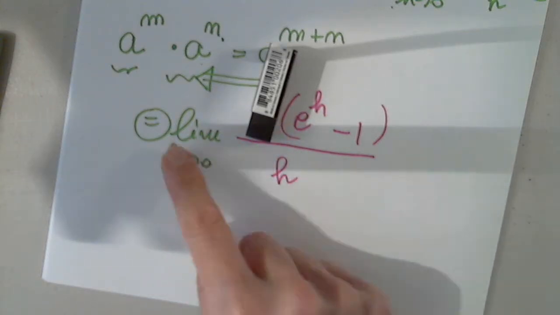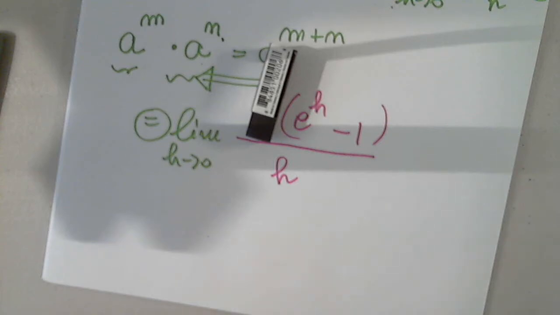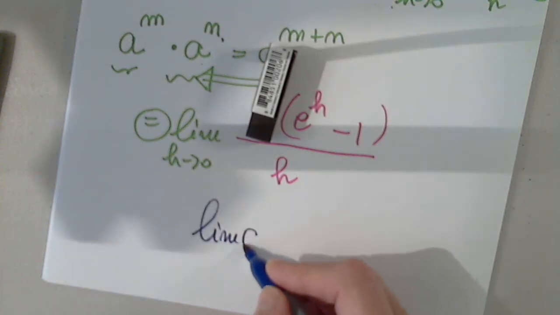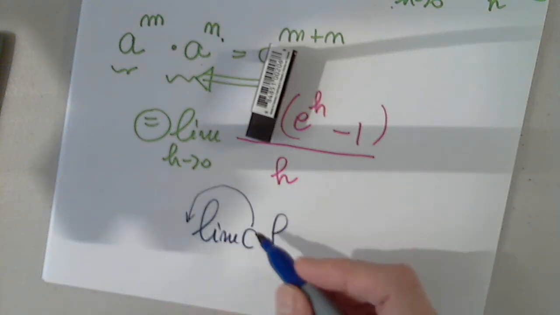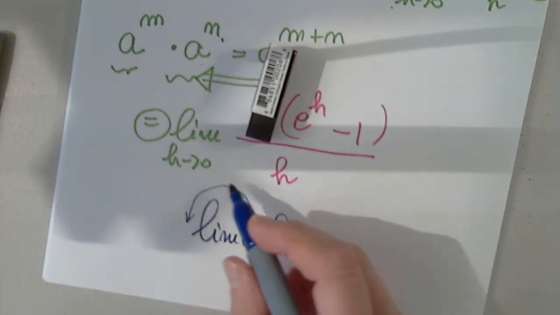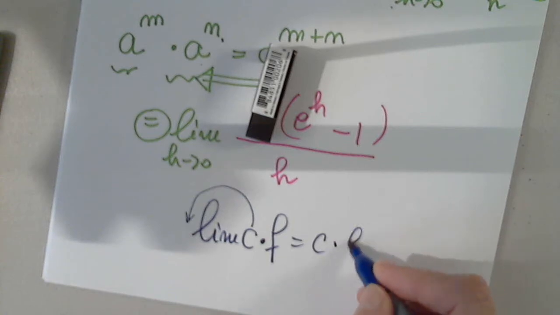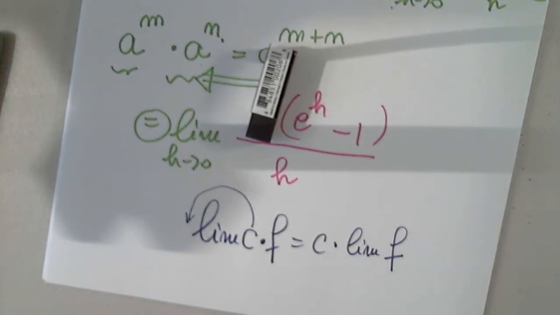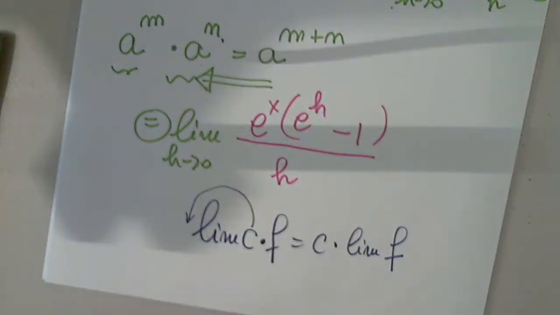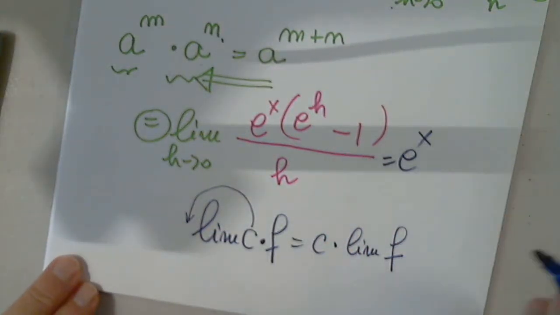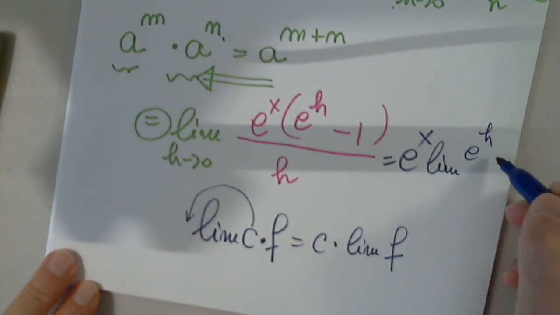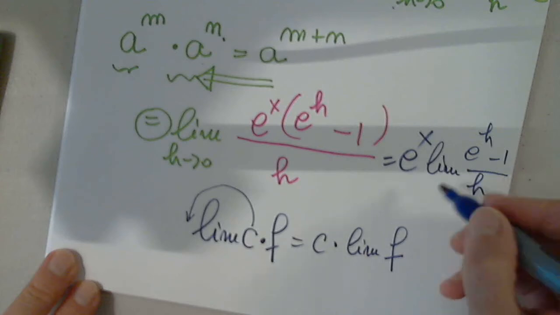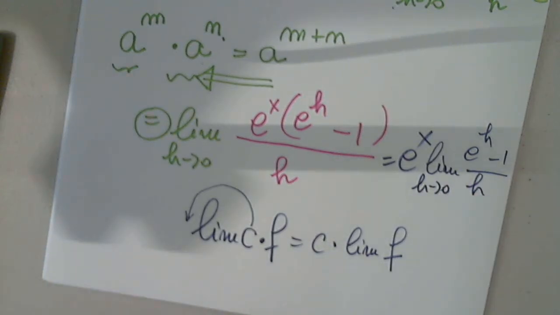So every time we calculate a limit of a constant times a function, if it's a factor, we're allowed to take the constant in front. We discussed that limit law in chapter 2. So that's exactly what I'm going to do. E to the x is a constant, does not depend on h. So now I have limit e to the h minus 1 over h when h approaches 0.